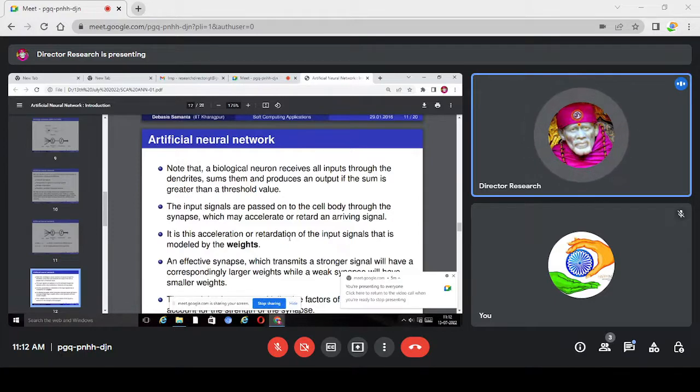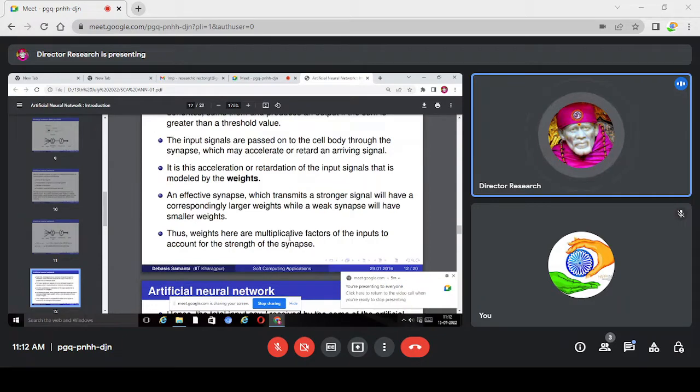The third point, it is this acceleration or retardation of the input signals that is modeled by the weights. The fourth point, an effective synapse which transmits a stronger signal will have a correspondingly larger weight, and a weak synapse will have smaller weight. Thus, weights here are multiplicative factors of the inputs to account for the strength of the synapse.